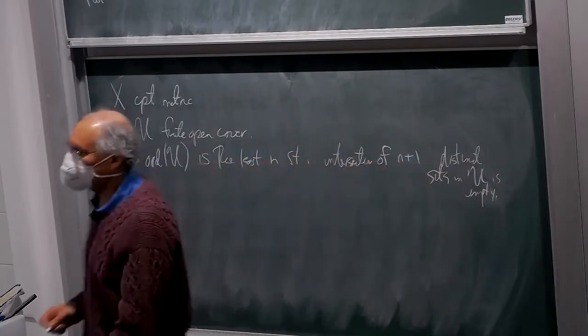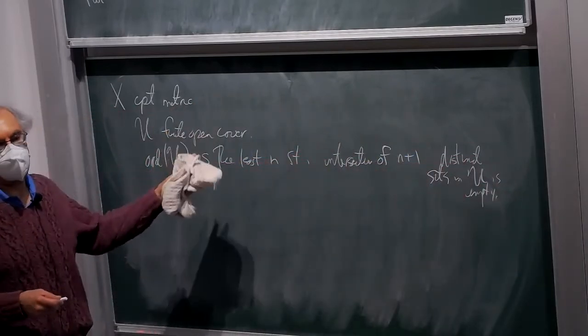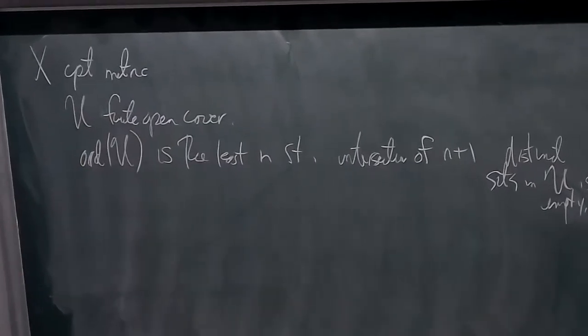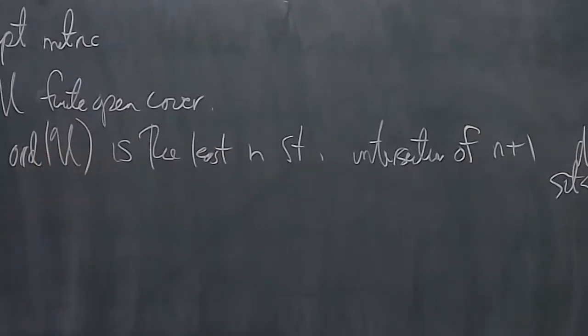This is normalized so that if you take a cover by disjoint sets, then the order is 0, which corresponds to the space in which you do this being 0 dimensional.